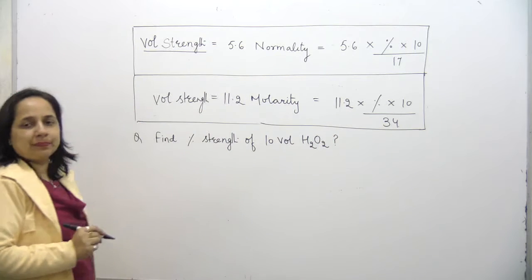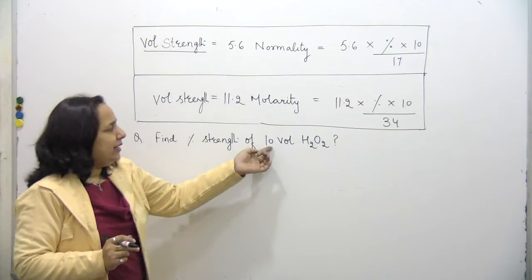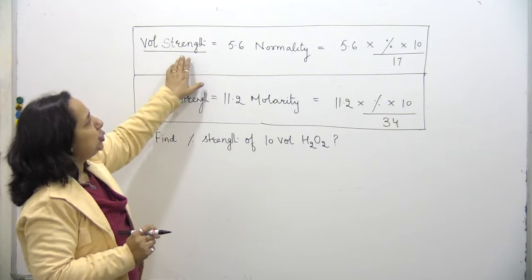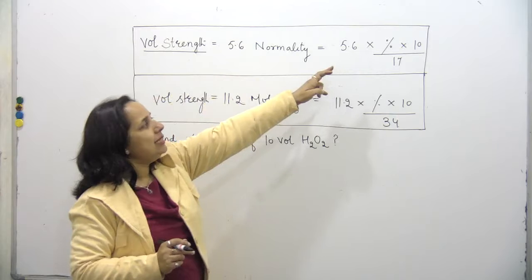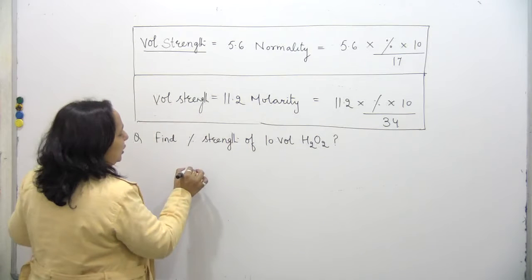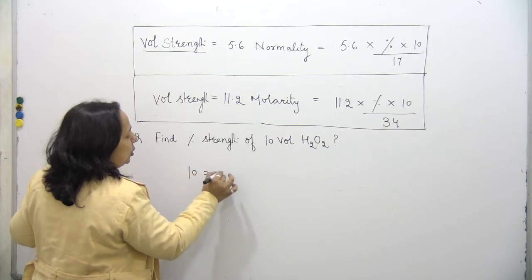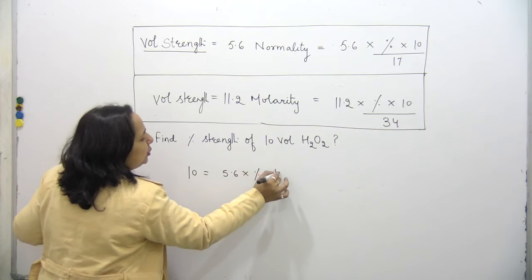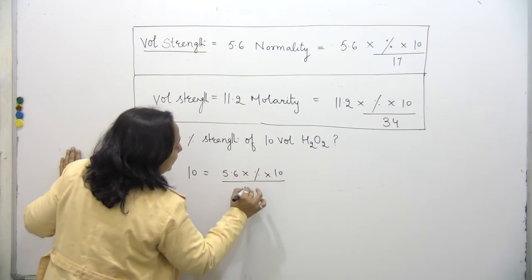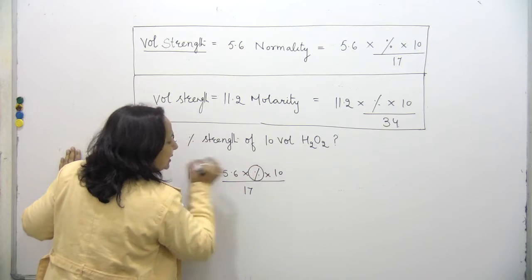This is the question. Now 10 volume means volume strength is given to you as 10. And we want to calculate percentage, so we can easily calculate it. The solution will be 10 is equal to 5.6 into percentage into 10 upon 70. Now this percentage is our question.